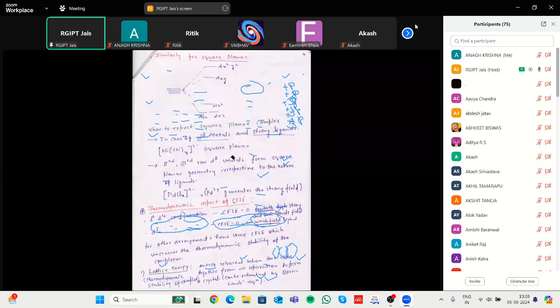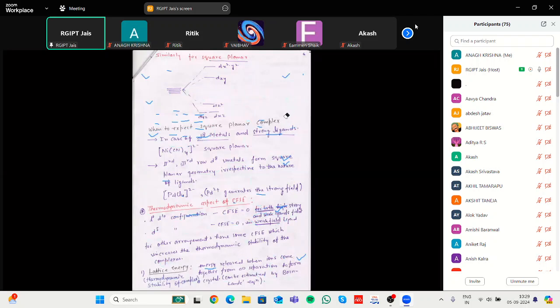Next is if we compare the square planar complex.